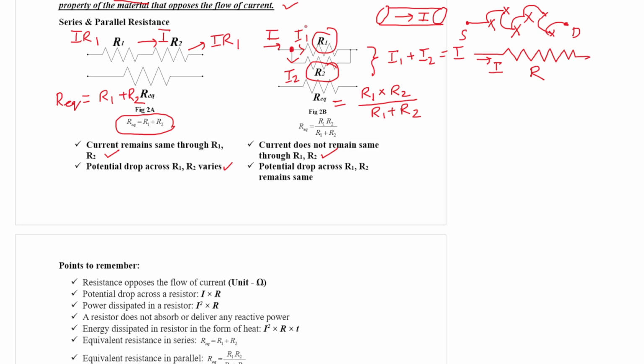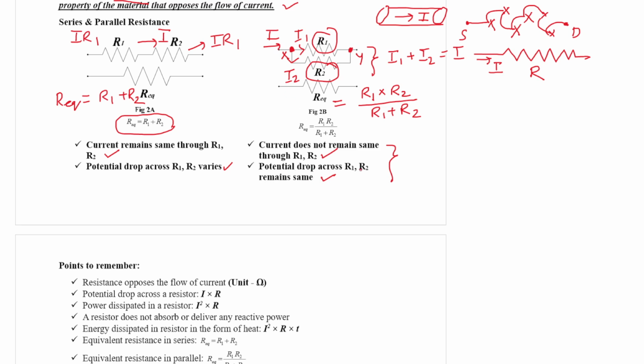However, if you consider the potential drop, you see these two points are the same. Let us say this node is X, this node is Y. So these two nodes are the same. Whatever you measure across this XY remains the same. So the potential drop across R1 and R2 remains the same. That is very interesting. Current does not remain the same through R1 and R2 for a parallel circuit.